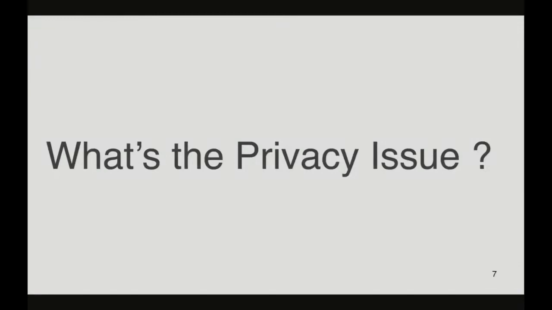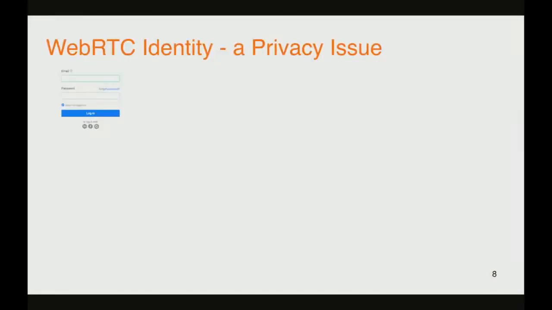So what's the privacy issue, you may ask? If you consider the WebRTC identity use case, the user first logs on to a website, chooses to use a social login solution, and then the website initializes the WebRTC connection by using the same identity provider.